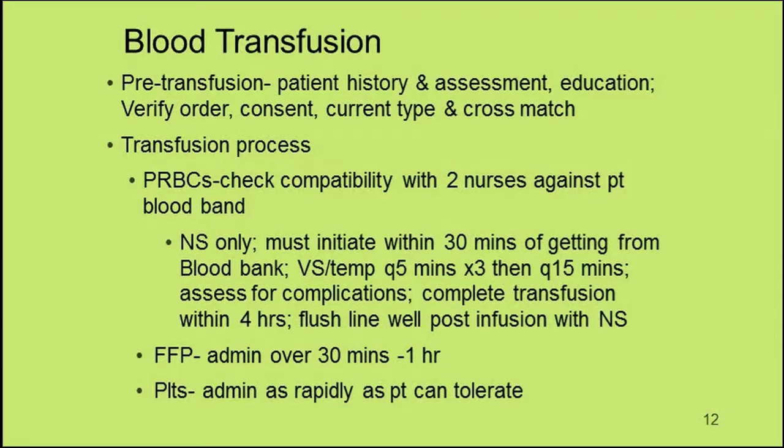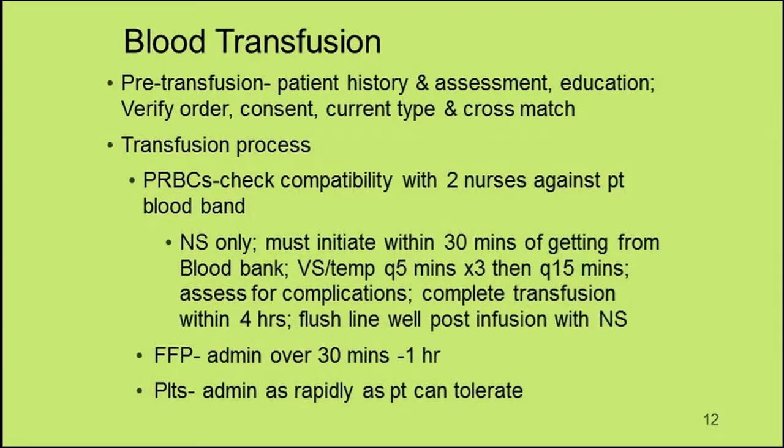And it is kind of a facility thing. You need to see. Some people say if the type and match was done today, March 12th, it doesn't matter what time it's done today, it is good for 72 hours, which would be 12, 13, 14, 15.